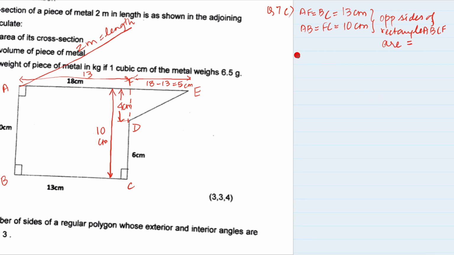So therefore we will have FD, which is equal to FC minus DC, which will be 10 minus 6, which is 4 centimeter, and EF will be equal to AE minus AF, which is 18 minus 13, which is 5 centimeter.